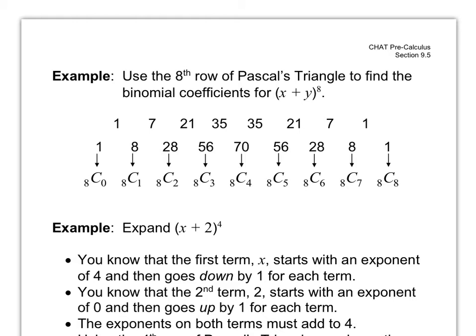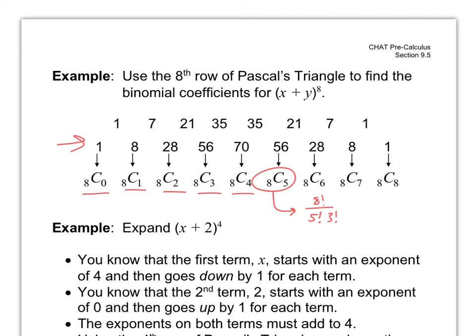So remember again, just picking one of these out, this would be 8 factorial over 5 factorial, and then subtract the 8 and the 5 and get 3, and there's a 3 factorial there. So you can find any term that you want by using this function here or by using Pascal's triangle.